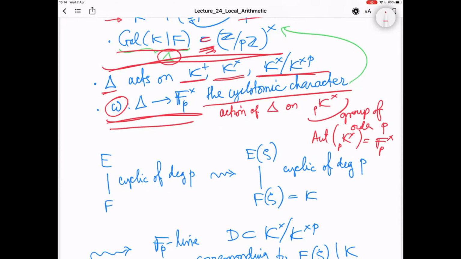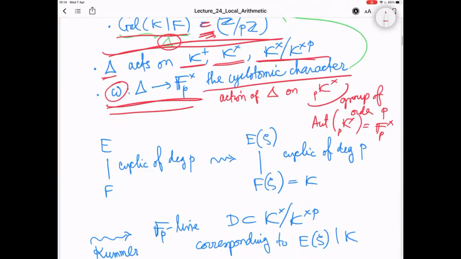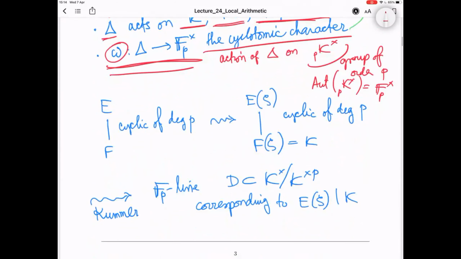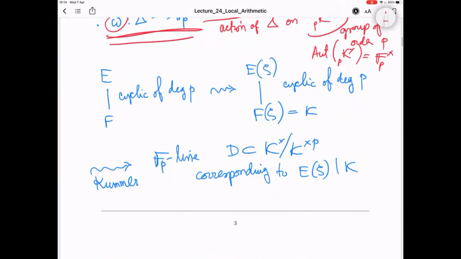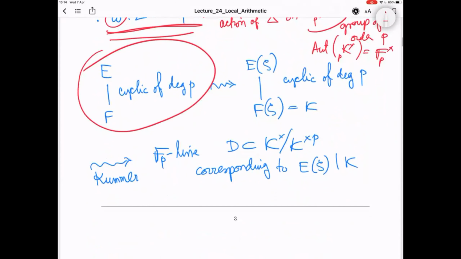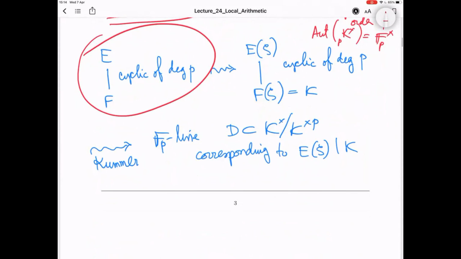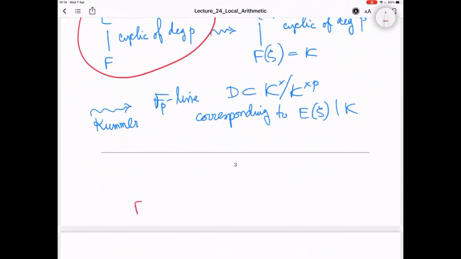So this is what we are going to look at, the action on pth powers, K star modulo pth powers. If I have a cyclic extension of degree p of my field F, here is E and here is this K. I can always form the compositum EK.